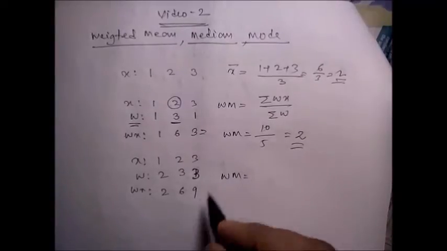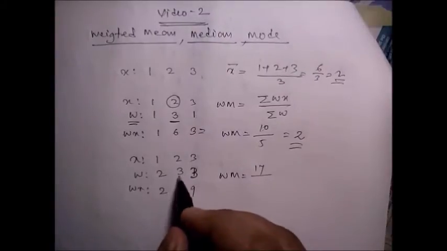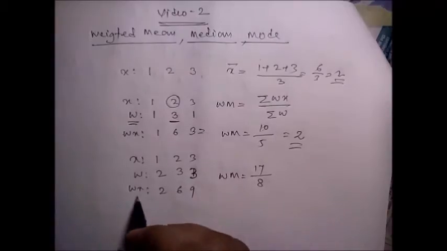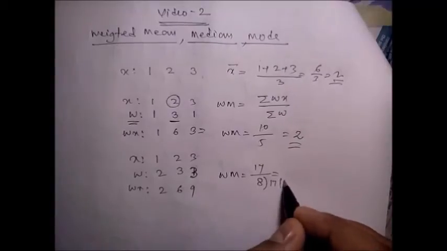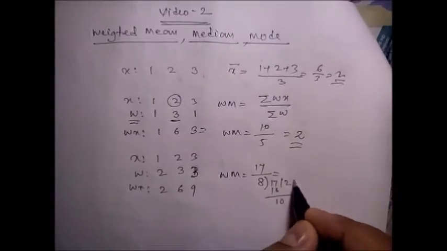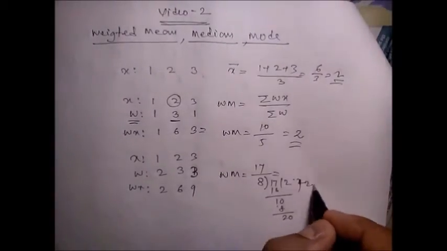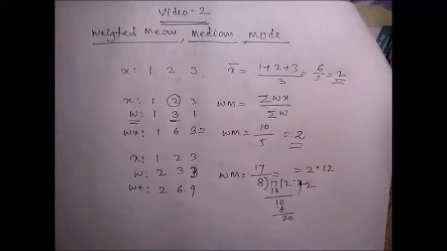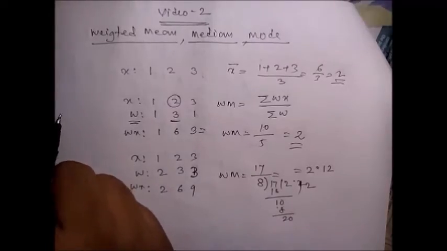So the weighted mean is the summation, 17, divided by 8, which is 2.12 and so on. So that is the weighted mean. Now, an application of weighted mean.